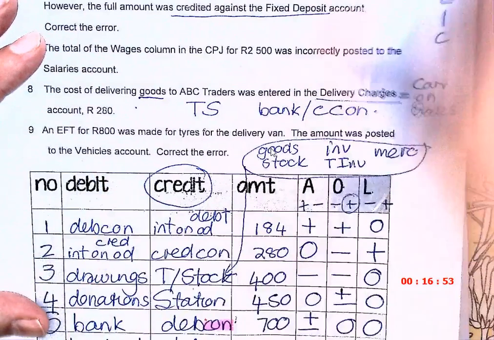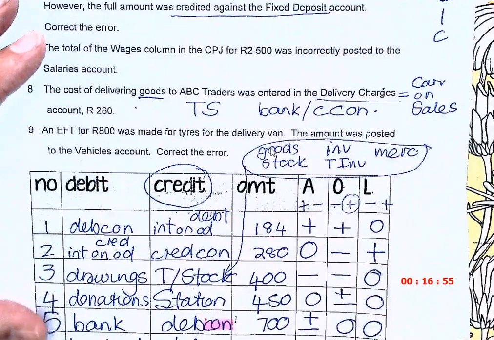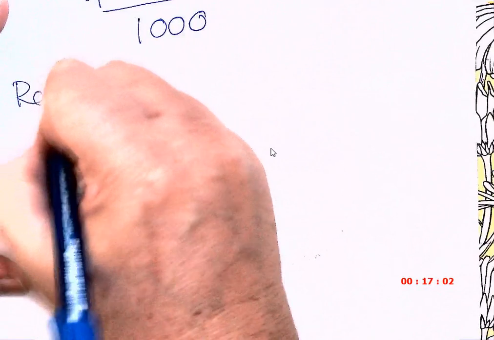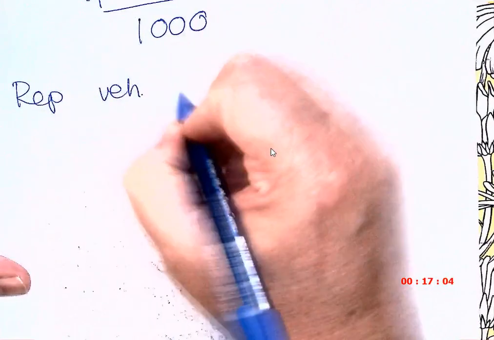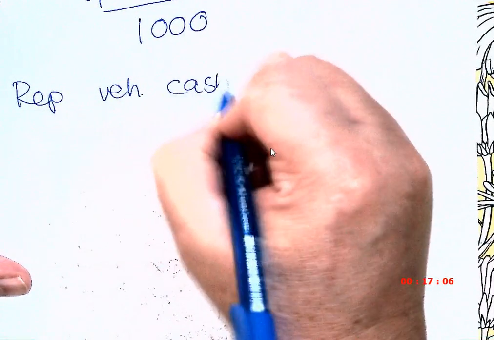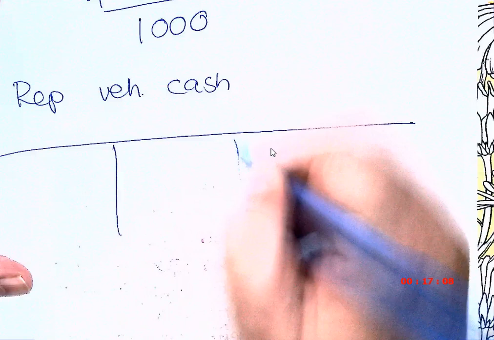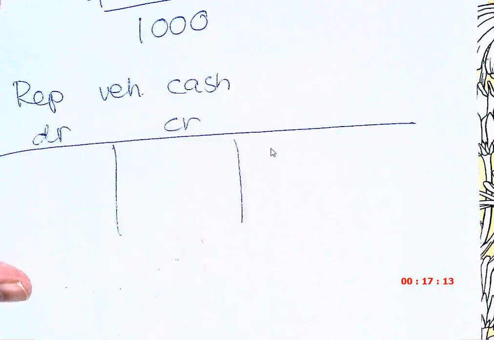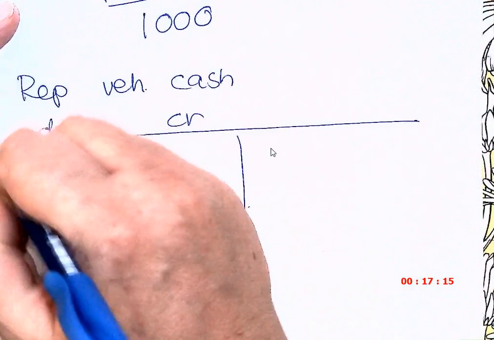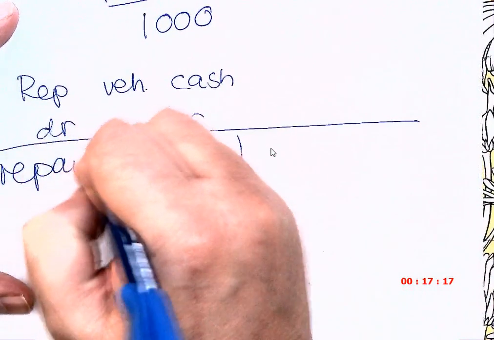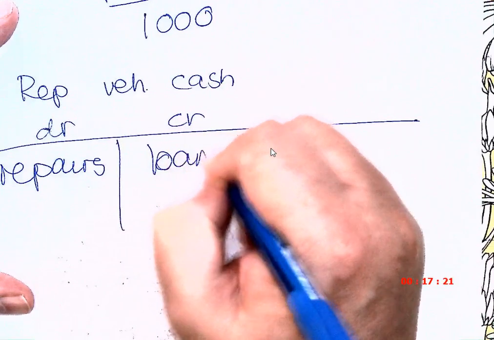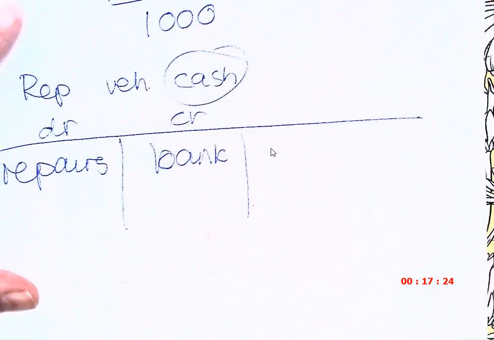Repairs. And will I debit or credit repairs? Let's quickly think. If I say to you, repair vehicles, cash, and I had to do a journal, what would I debit? What would I credit? I would debit repairs and I would credit bank because I did it cash. But what did I do?